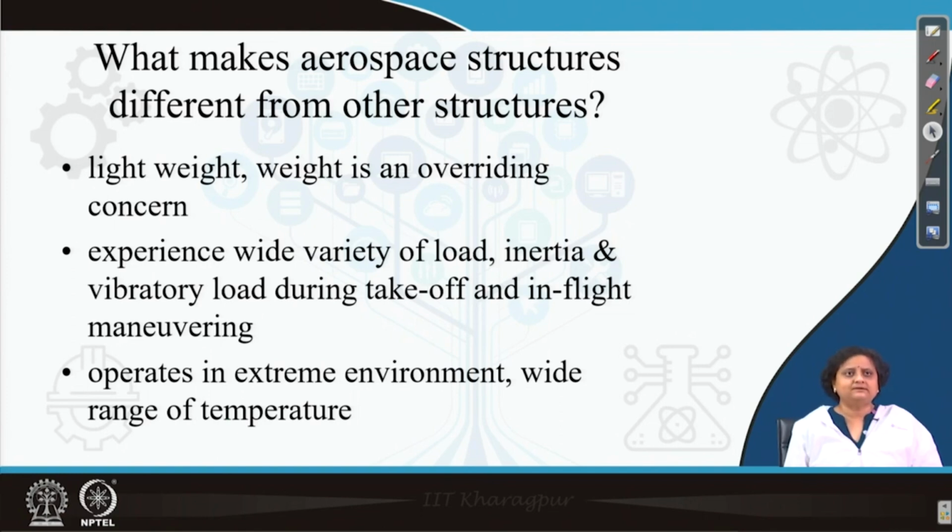But as soon as it is in its full flight, it is at a very low temperature. So, we have to choose a material which can withstand a moderate temperature as well as a very low temperature. Similarly, the material that we use for the aircraft engine also needs to withstand a wide range of temperature.